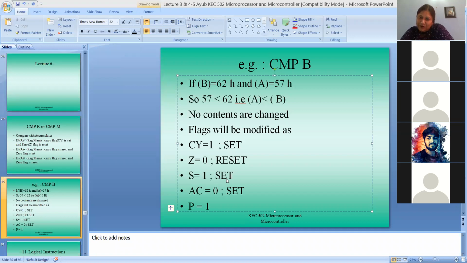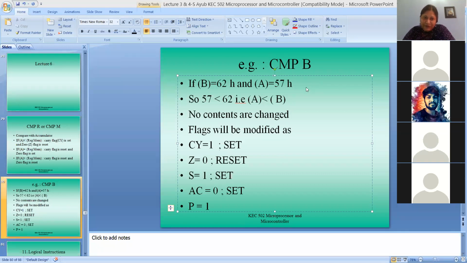So your result will not be available in the accumulator. The accumulator content, 57, will not change, and the B register content will not change either. They will stay the same, but according to the result of the subtraction, your flags will be altered. Understood? Flags will change, but contents will not change.